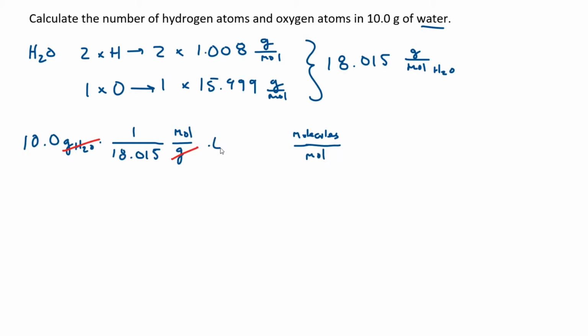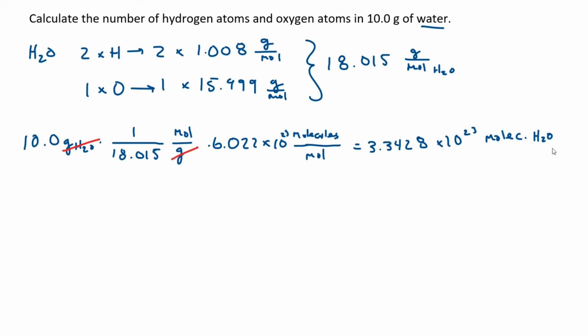And we're going to use the approximate value, 6.022 times 10 to the 23rd power. And this gives us a value of 3.3428 times 10 to the 23rd molecules, I'll just write molec to keep it short, of water.